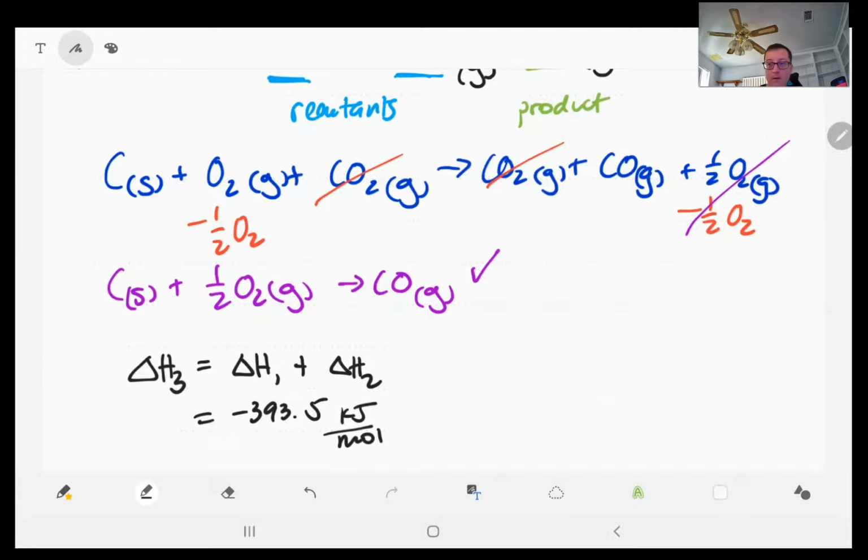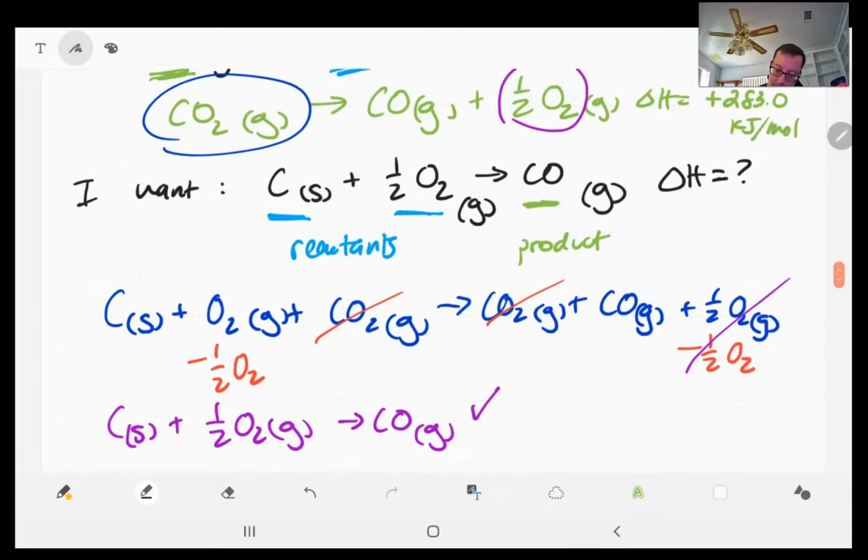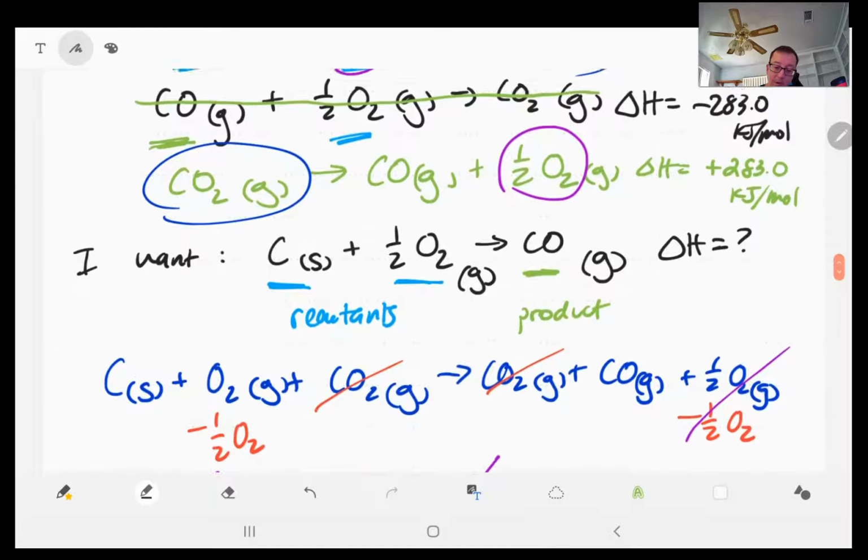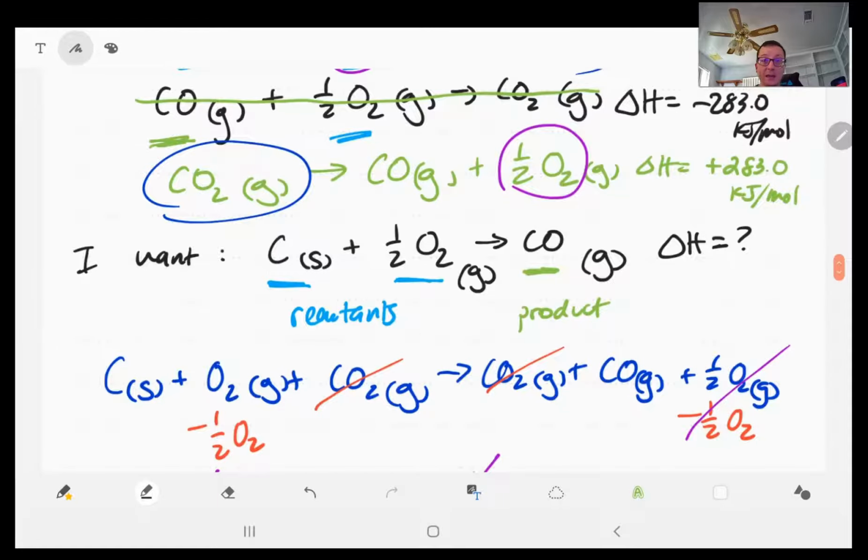Plus 283. Remember, we always use the delta H for what we actually used. We used the green reaction. We canceled out that other one. We flipped it around because we needed to, so we're going to use plus 283.